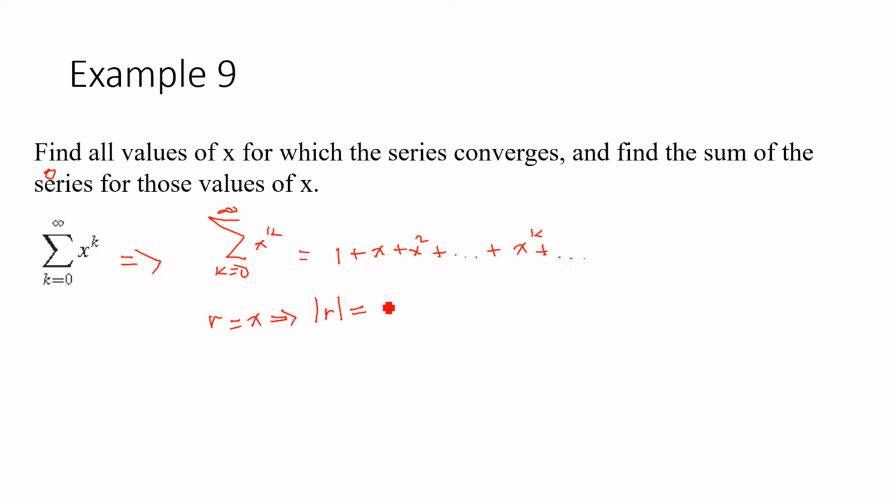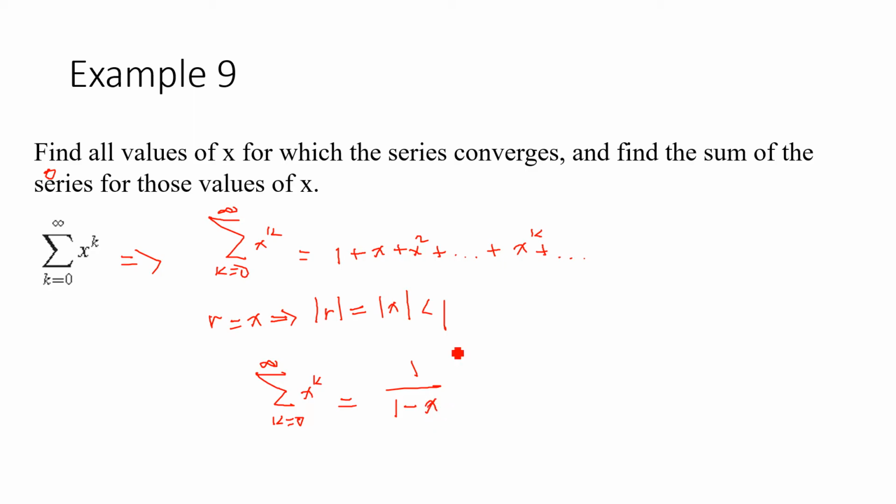It's just equal to the absolute value of x should be less than 1, and it diverges otherwise. Then the series converges to the sum. If this converges, then the sum of x raised to k from 0 to positive infinity would be equal to 1 over 1 minus x.